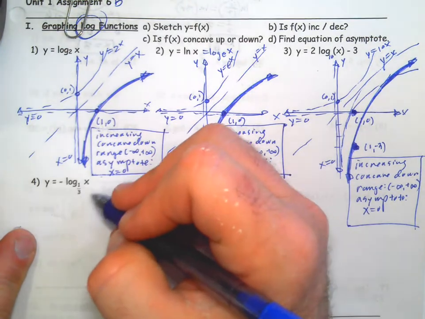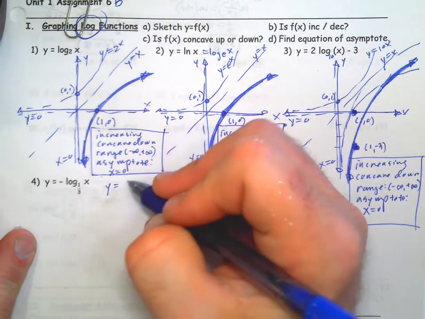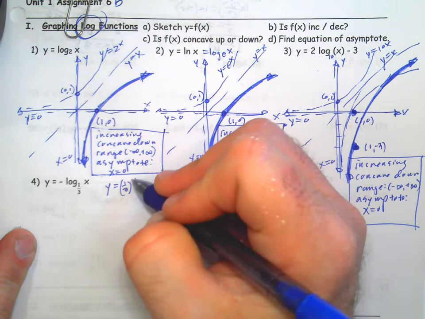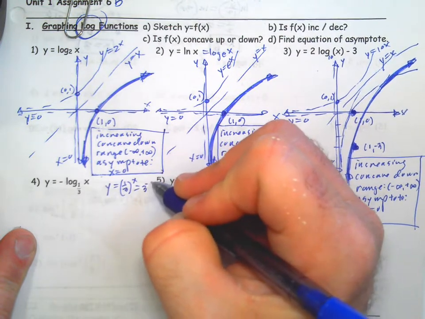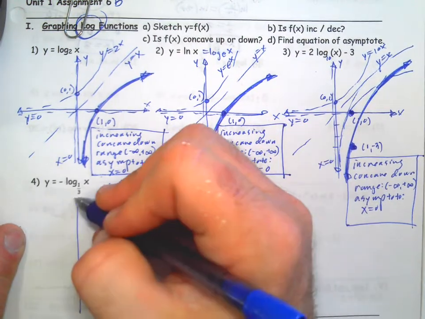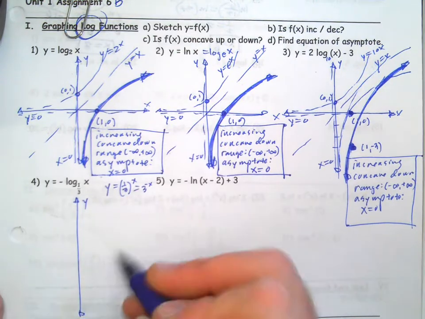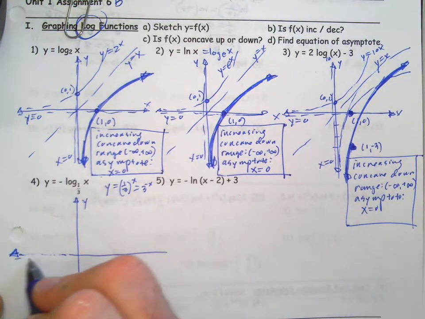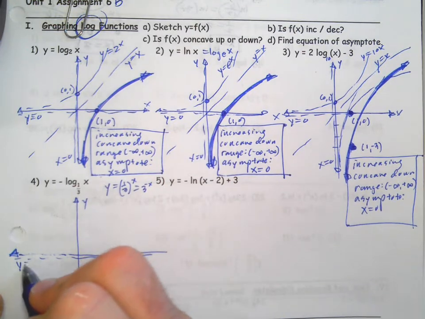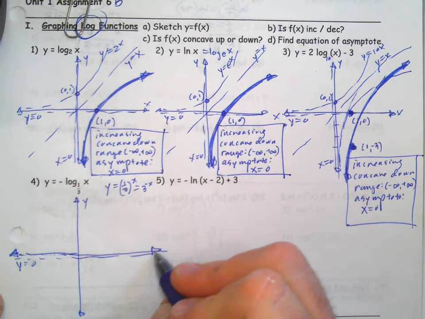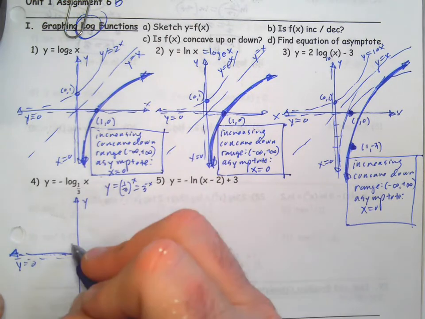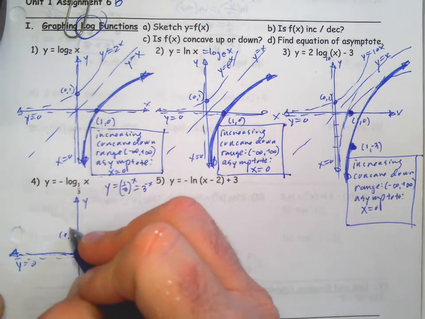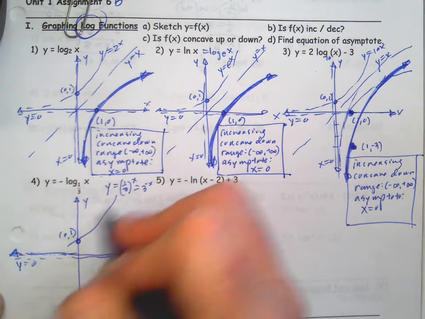So this, I would do y equals 1/3 to the x, which I would do as 3 to the negative x. So, 3 to the x looks like that.